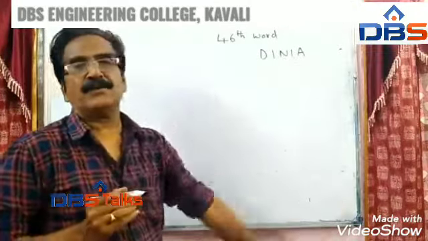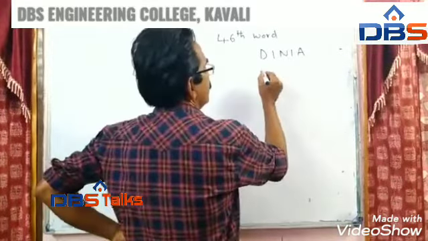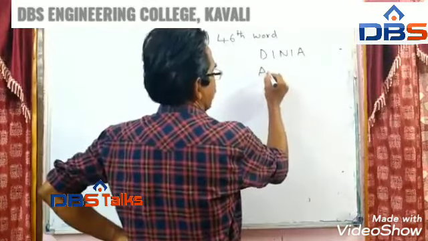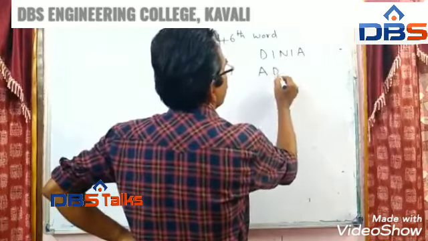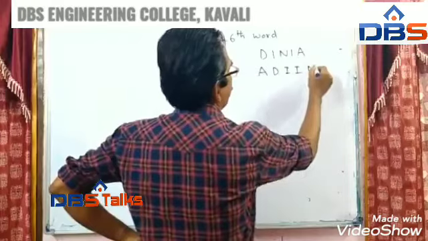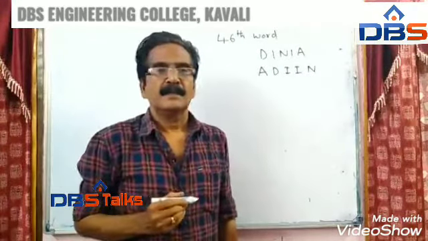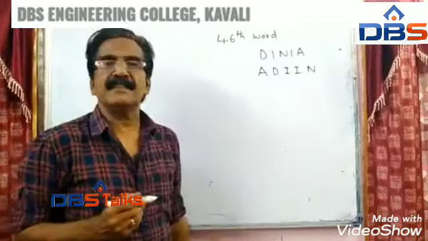So first you have to write the given letters in alphabetical order, that is A, D, I, N. So we want the 46th word.